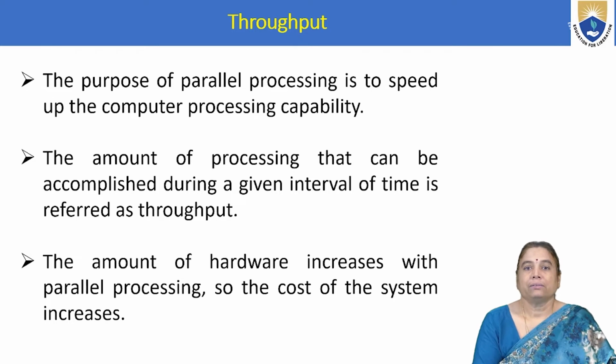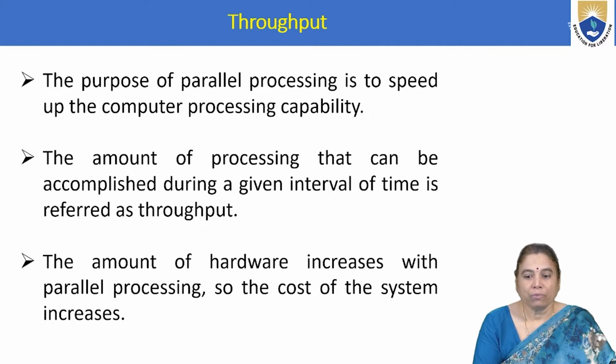So with these functional units and the pipelining concept, at a single point of time more than one instruction can be executed by the computer. The number of instructions executed per unit time is generally referred to as the throughput. If throughput is increased, the performance of the computer increases. So the purpose of parallel processing is to speed up the computer processing capability.